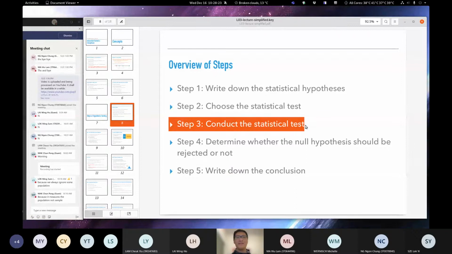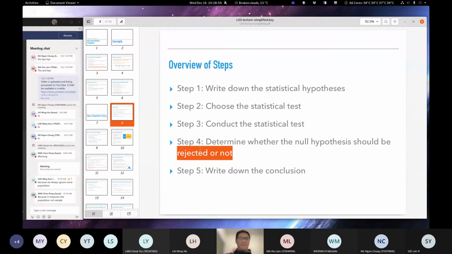So the approach will be different, because in data analysis, we do not really care about the calculation involved in the statistical test. Instead, what you need to learn is how to pick the correct procedure from SPSS, how to set the parameters, and then how to click OK to conduct the test. So this step, for you, is the easiest step in the data analysis. You just let the computer do everything for you. You just have to click the button to do that.